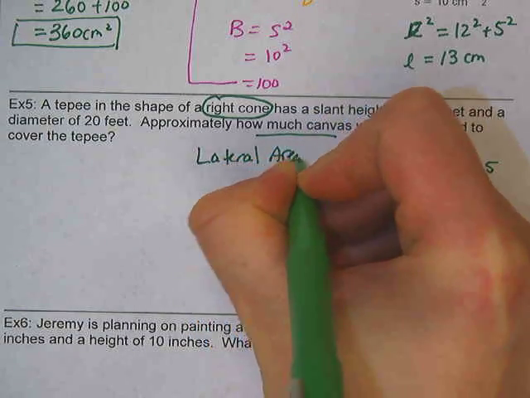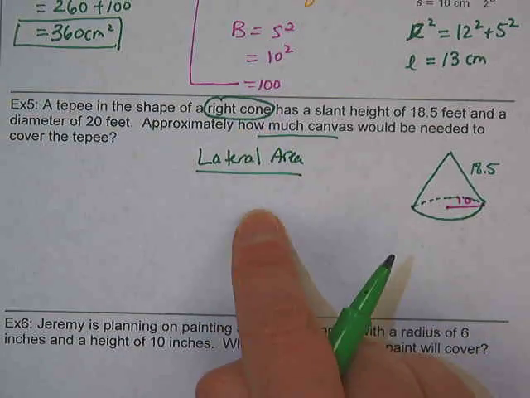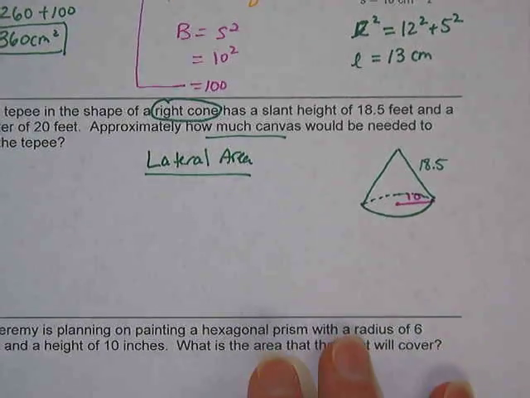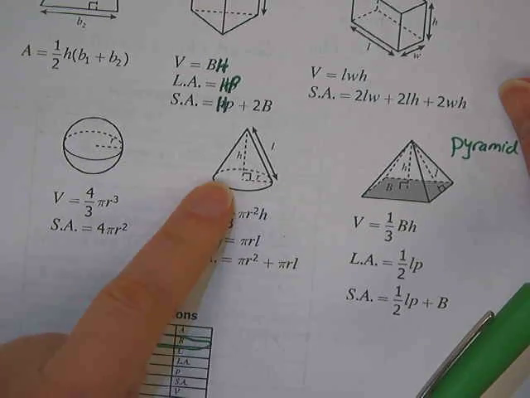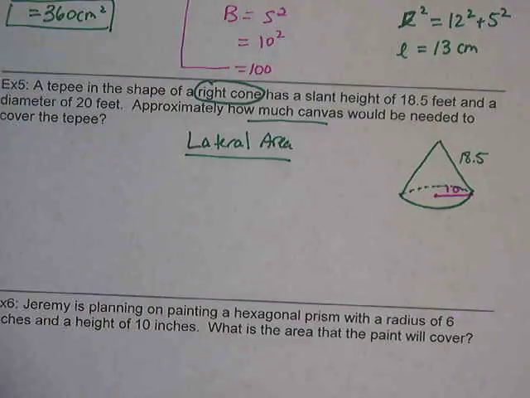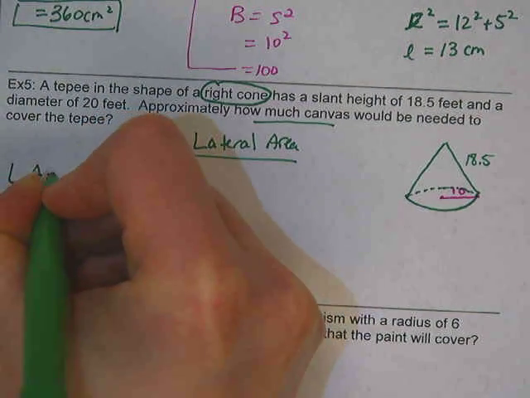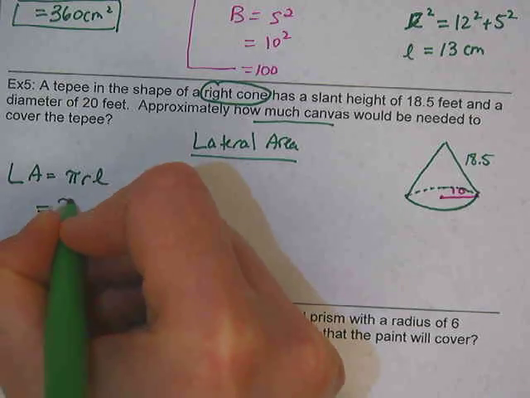When you have something that goes around, that means lateral area. So we want the lateral area of a cone for this problem. If you look at your formula sheet, here's the cone. Lateral area is pi RL.